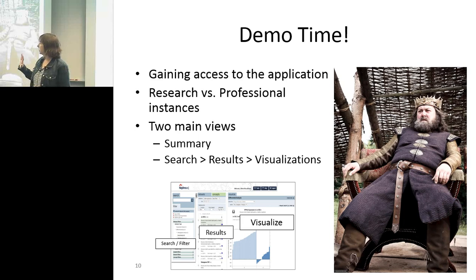The other thing to keep in mind as we do the demo is there are really two main views that you'll see in Nephroseq. There are some exceptions to that, but one view is a summary view. When you first dive into a search, oftentimes you'll get this giant grid box that's supposed to tell you a lot of information all at once.